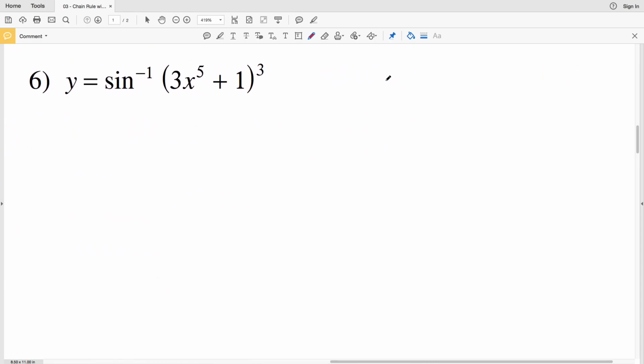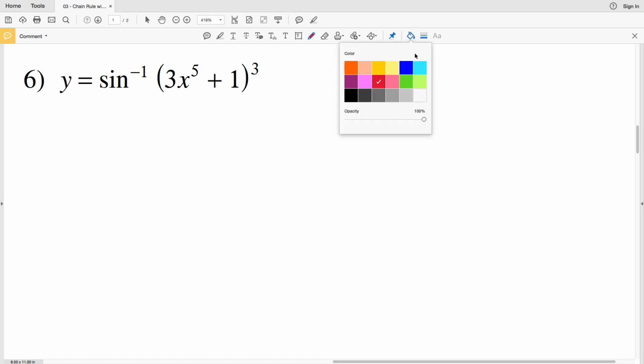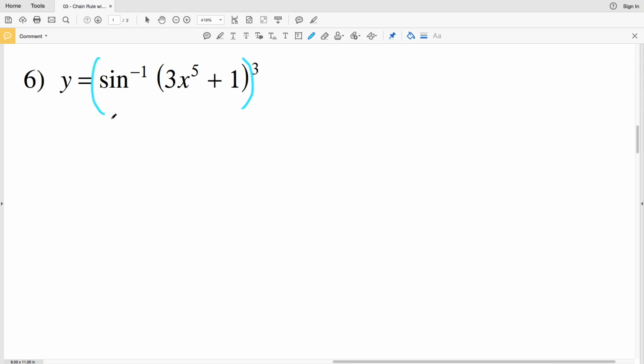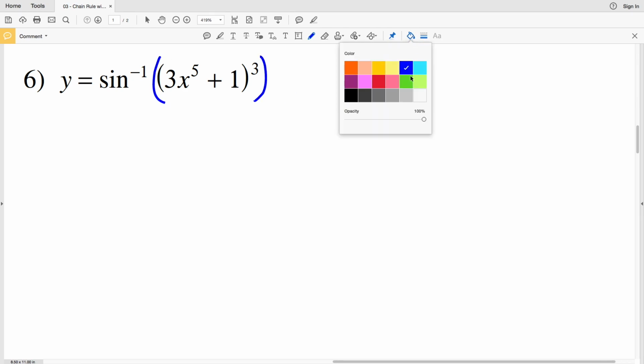Moving on to number 6, we're going to be using the chain rule again. But I want to point out, unlike number 5, we're not cubing the entire quantity. We're only cubing what is inside the inverse sine. So the inverse sine is our outermost function.